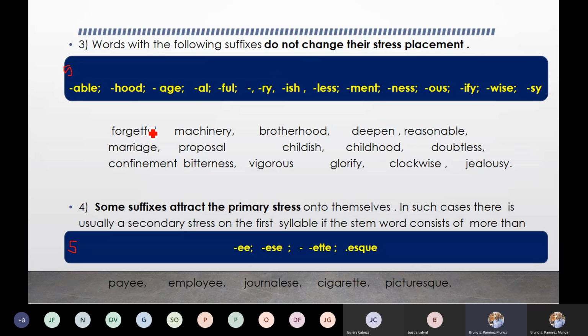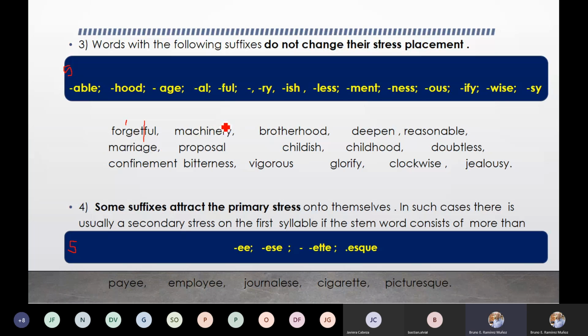For example, take the first word, forget. Forget is stressed in the second syllable. When you add the suffix full, you don't say forgetful, you say forgetful. Again, the second syllable is the one stressed or the most prominent of the 3.